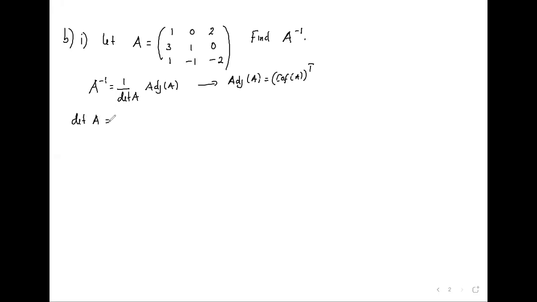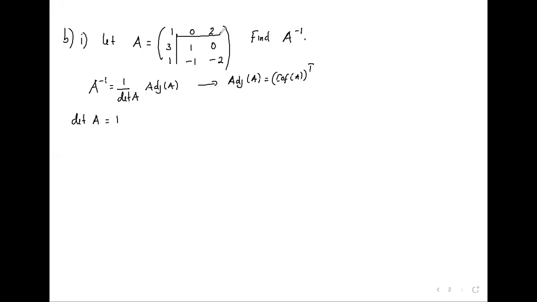The determinant of A, you pick either a row or a column. So if I pick the first row, then I'll get 1. Remove the column and the row. The remaining numbers, I get the determinant.